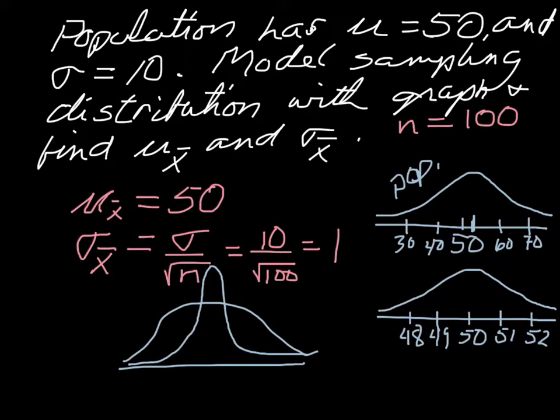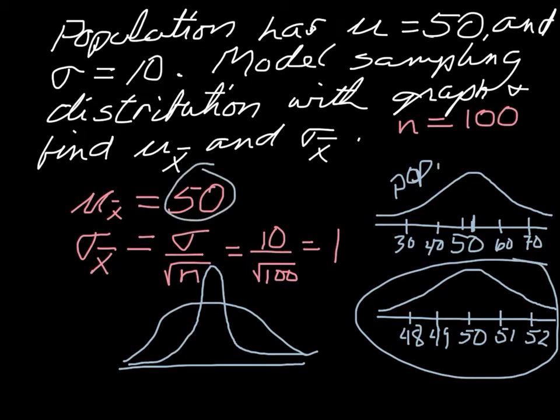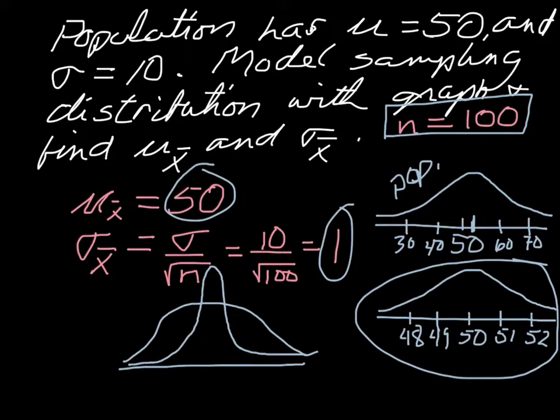Okay? So basically all you have to do is draw this kind of picture when you're modeling. And as you can see, the mean is really easy to find. Standard deviation of the sampling distribution is easy to find. And the only extra information you'll need is whatever the sample size is. Okay, so let's skip this slide and go to the next problem.